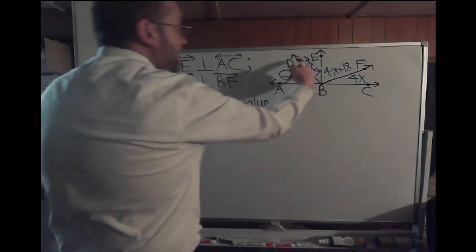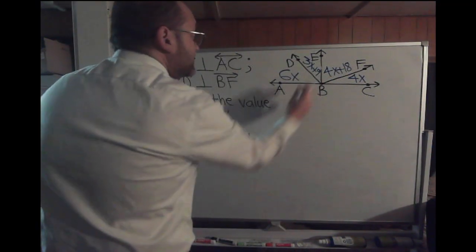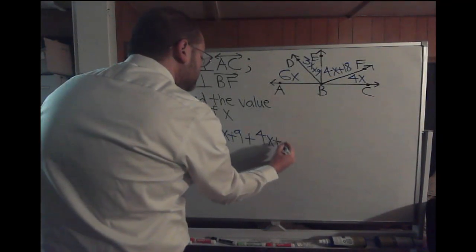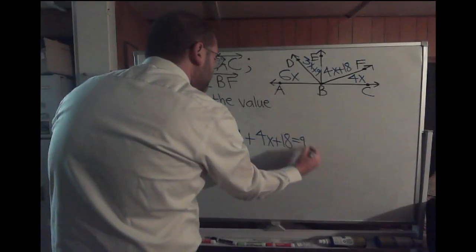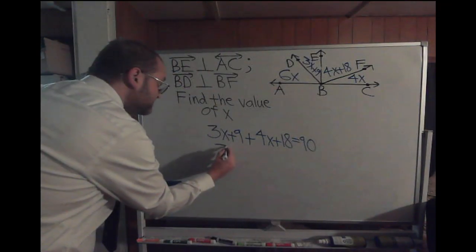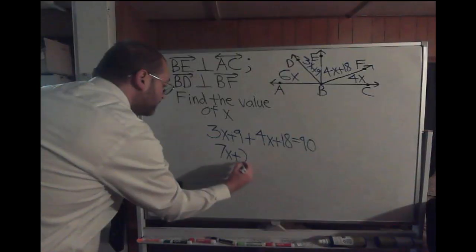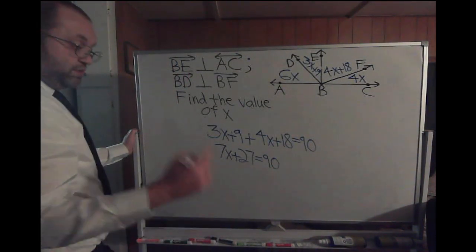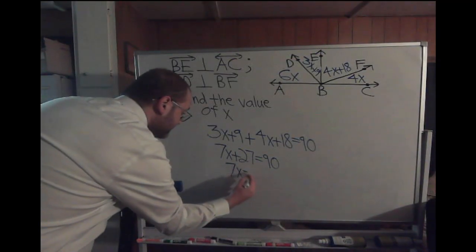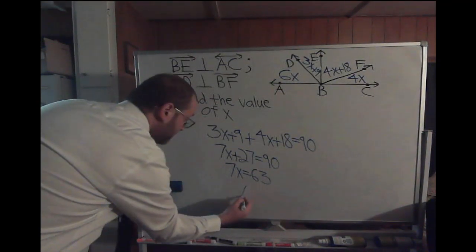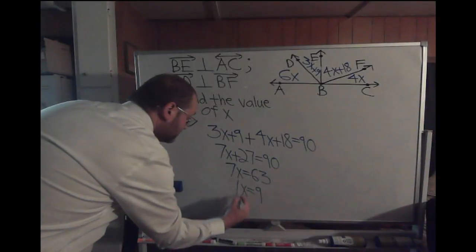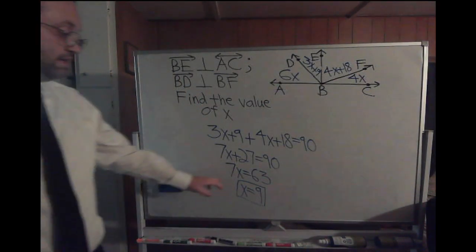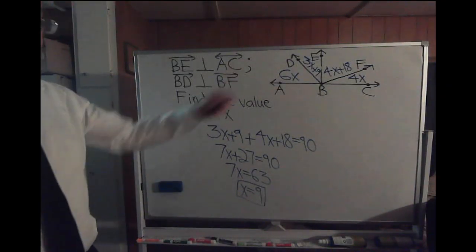You could take angle DBE plus angle EBF, which would be 3x plus 9 plus 4x plus 18, and set those equal to 90, which should give you 7x plus 27 is equal to 90, which would then have to mean that 7x equals 63, which therefore also gives you that x equals 9. So x equals 9 by that way too.